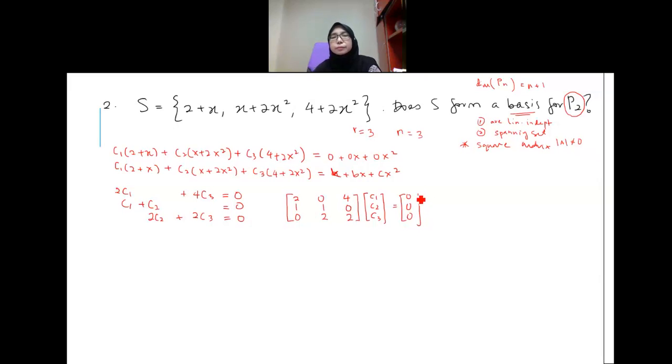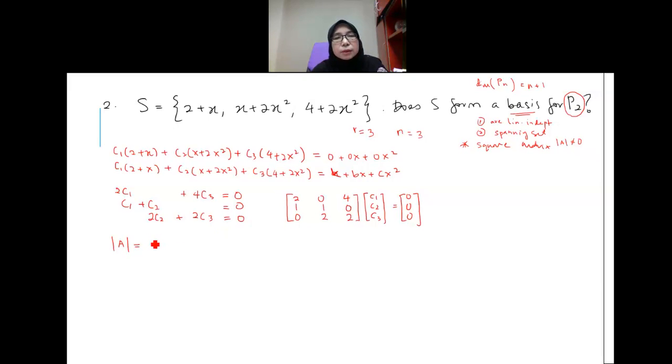Done. Here the coefficient matrix is a square matrix, so I would like to use the determinant. You can also use arrow, it's okay. For me, I like to use the determinant because it is easier for a square matrix. So the determinant of A, where A is the coefficient matrix.